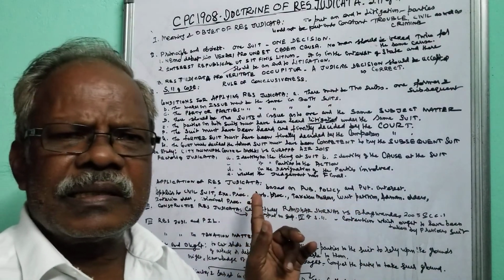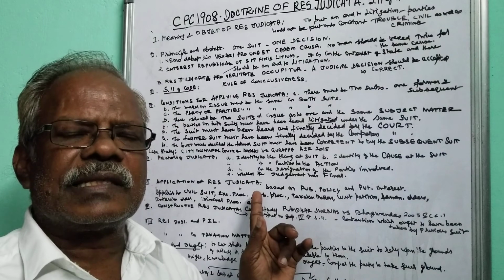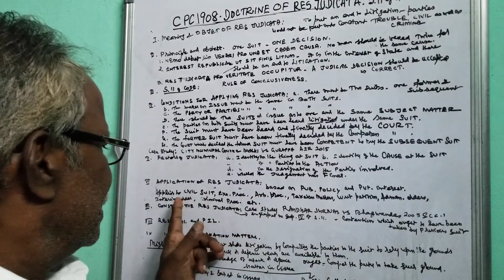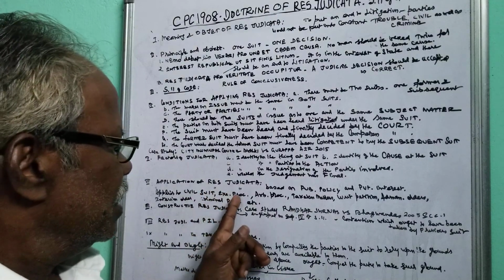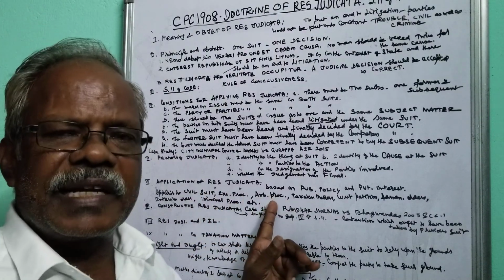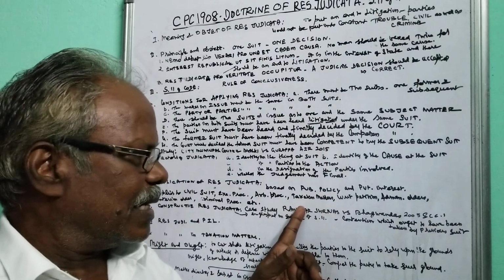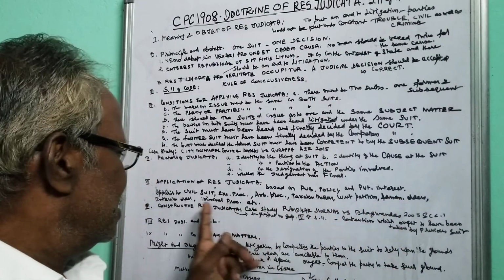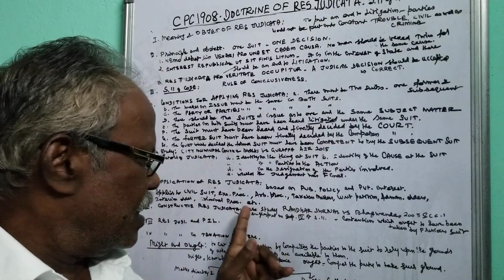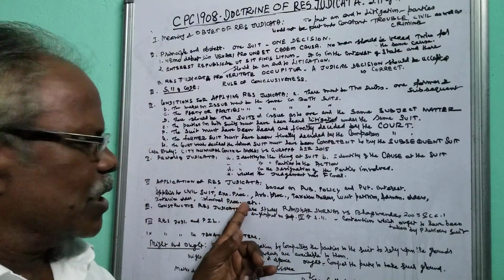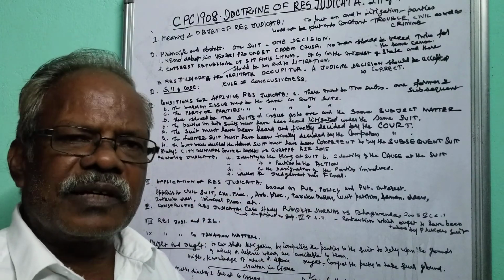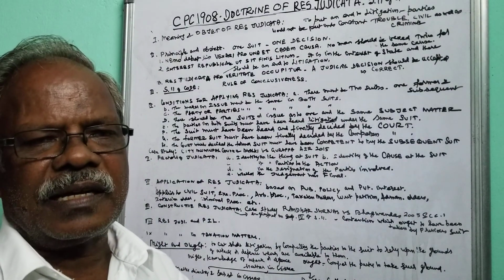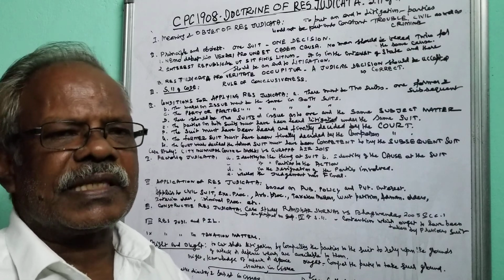Hence, res judicata is applicable to civil proceedings, civil suits, executive proceedings, arbitration procedure, taxation matters, writ petitions, administrative orders, interim orders, and criminal procedures, etc. In these cases, the applicability of res judicata is always there.